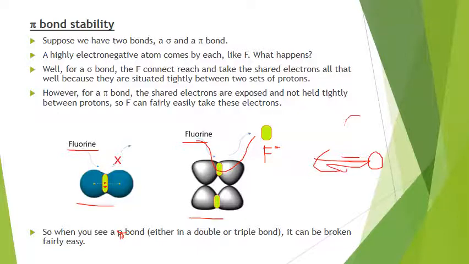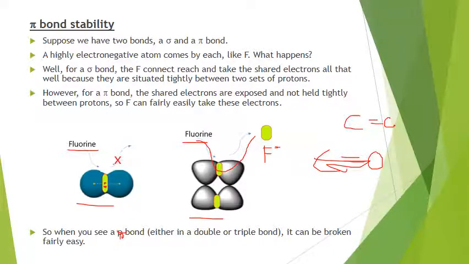If you had a carbon-carbon double bond, one of these is sigma, and it'll try to stick together, while the other one could be broken and maybe form a bond with another atom. And we can take advantage of that to form new molecules.